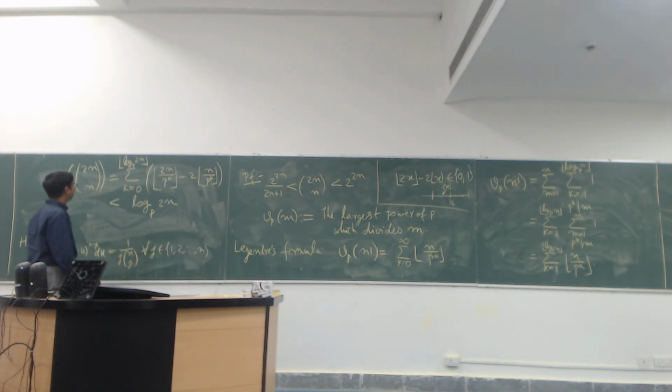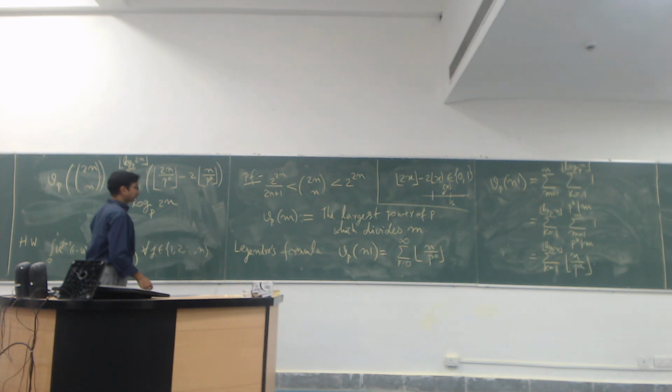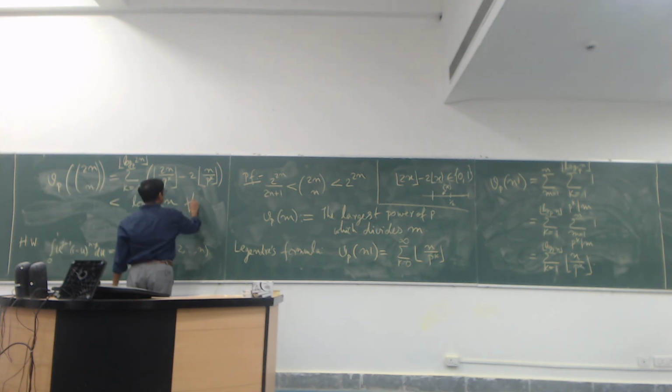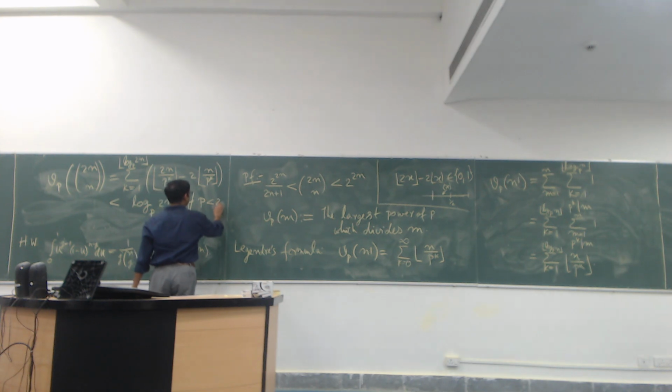And then we have that this is bounded above by log_p 2n. One more thing, that this prime p should be less than 2n, for otherwise both of these are zero. So this is true for all p less than 2n.